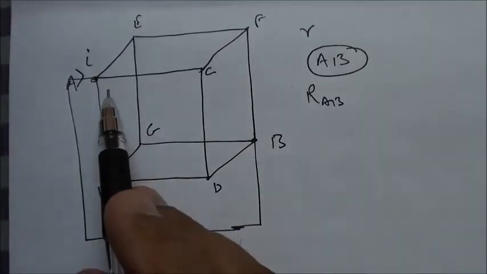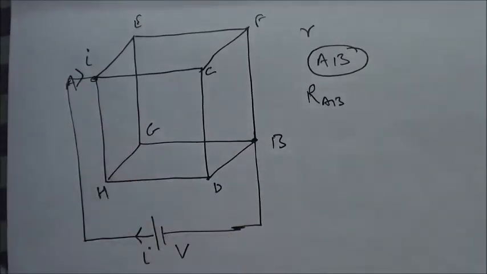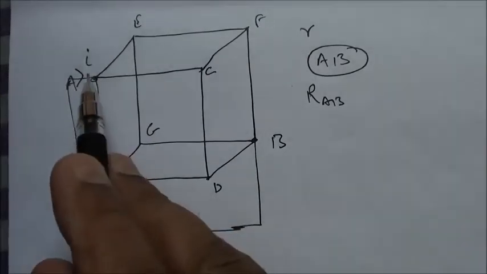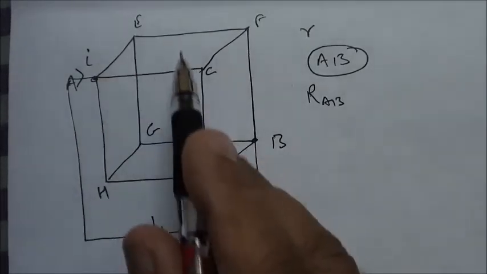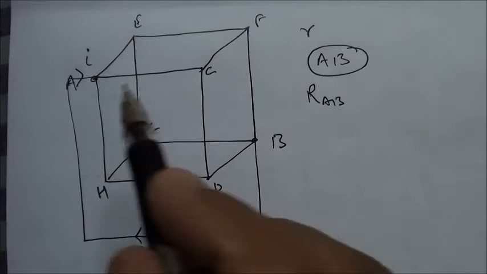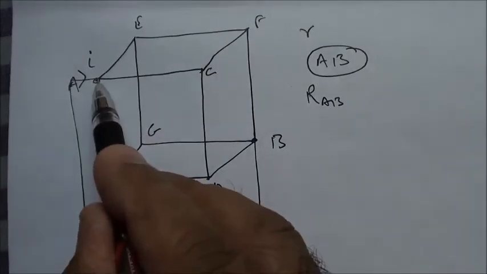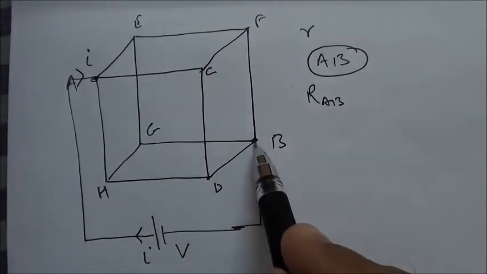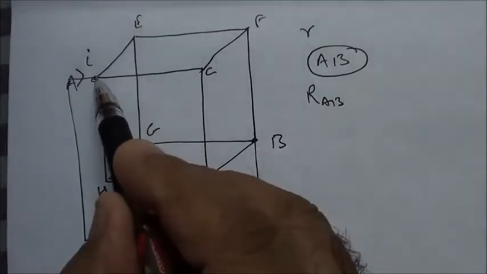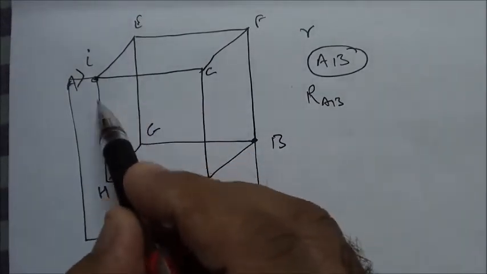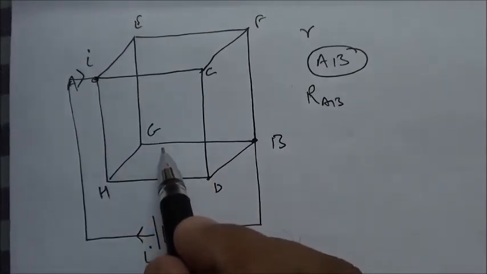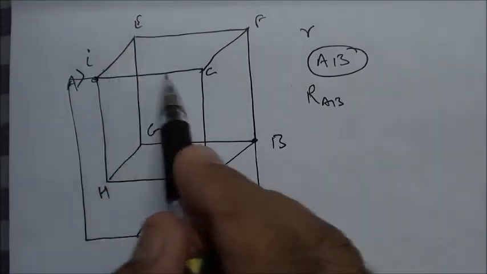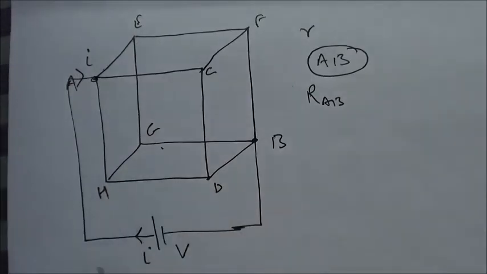Once the current is here, the current takes the path of least resistance. You can assume yourself that you have to move from point A to point B and find the shortest path. From A, we have three paths, one this, one this, and one this. If you observe carefully, all three paths are equivalent.